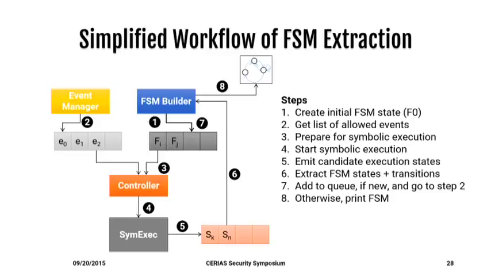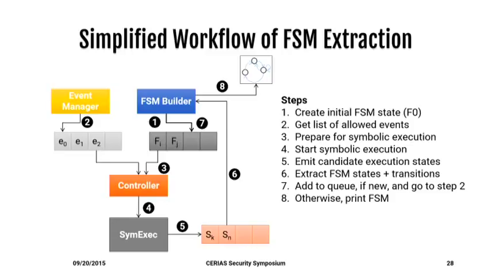Program state could have additional variables. So you have to initialize the program state to be a real program state, not an FSM state. FSM state has less stuff. Program state has more stuff. And then you give it to the symbolic execution.